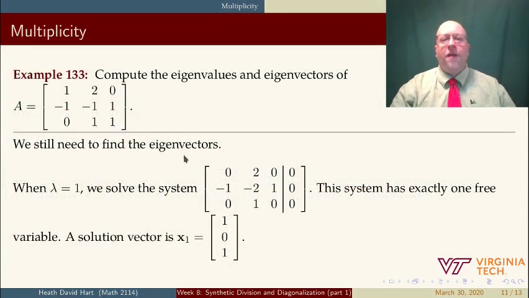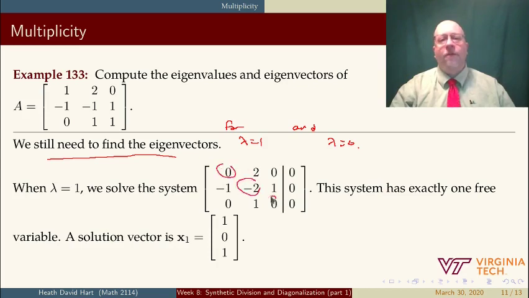So we still need to find the eigenvectors. And we have to do this for lambda equals 1 and for lambda equals 0. When lambda is equal to 1, we take 1 minus 1, which is 0, negative 1 minus 1, which is negative 2, 1 minus 1, which is 0. I'm subtracting 1 from the diagonal entries.